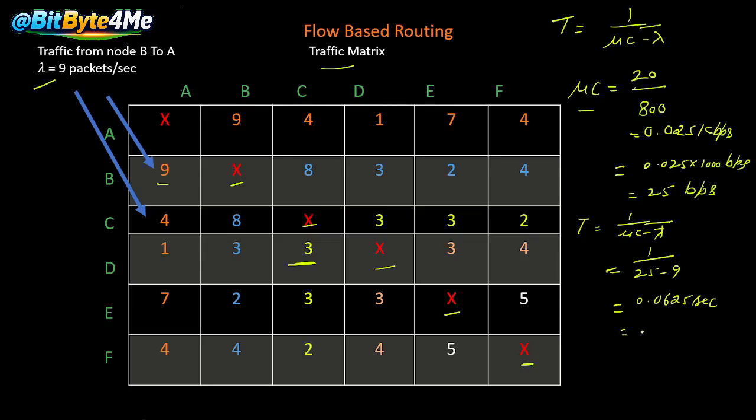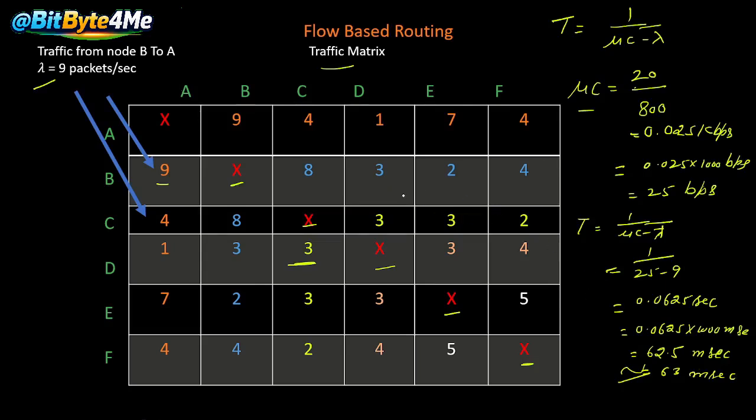And if we want it in milliseconds, then it will be 0.0625 into 1000 milliseconds. So it will become 62.5 milliseconds, or approximately 63 milliseconds. So this is the time delay which we have calculated.